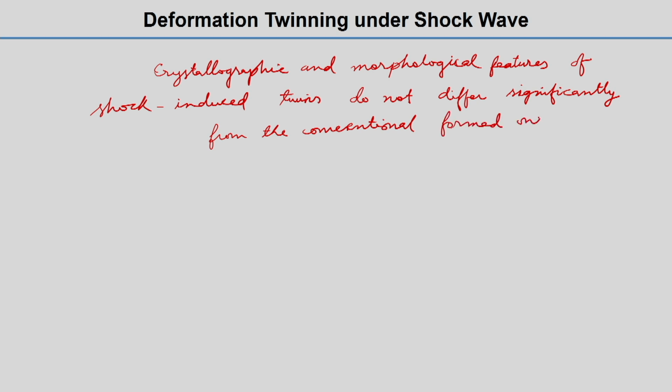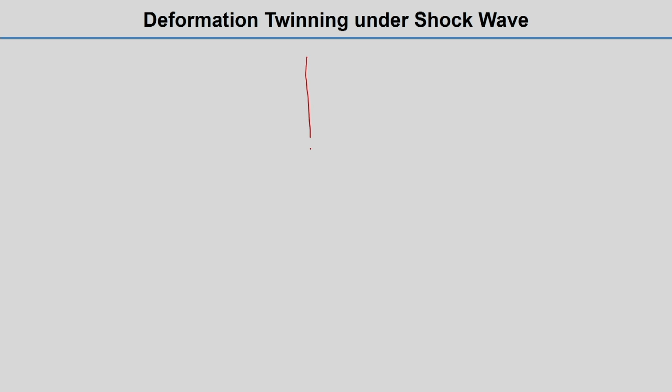That means deformation twinning that formed due to conventional deformation. So it is very well established that either a decrease in temperature, or increase in strain rate, favors twinning.